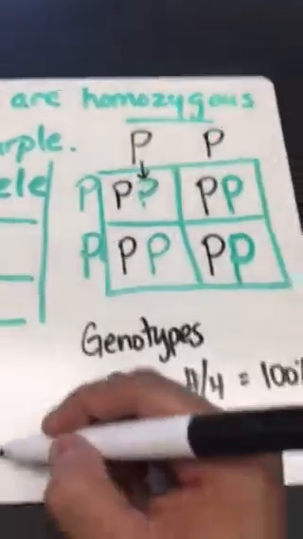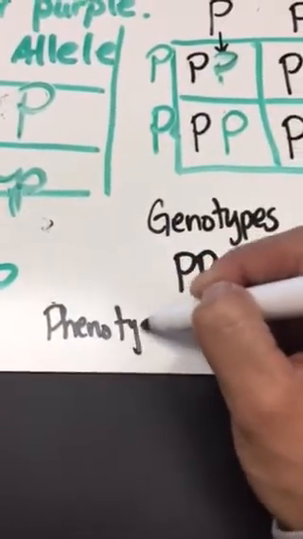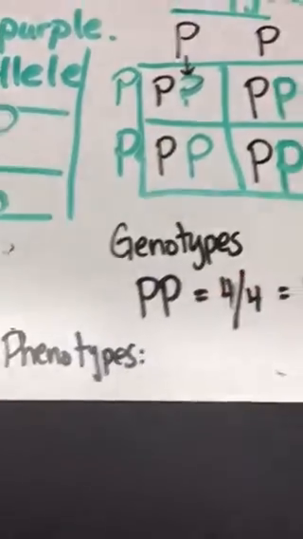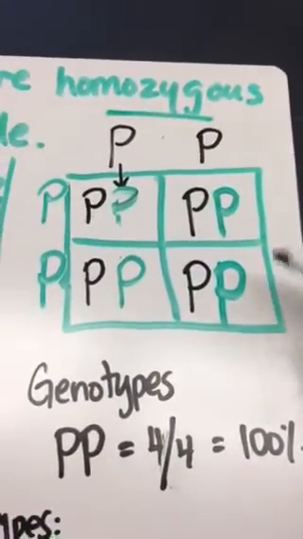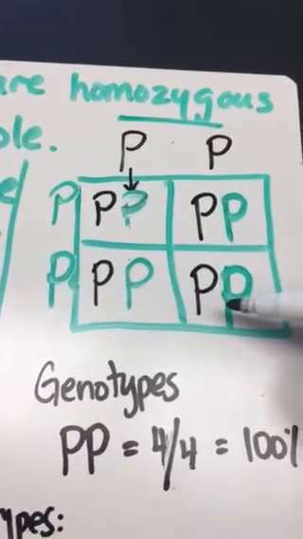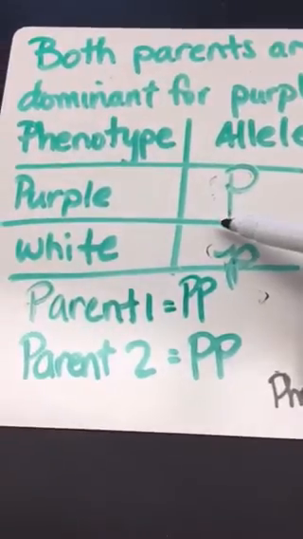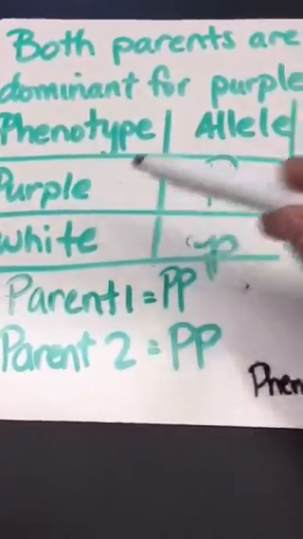Let's take a look at the phenotypes. What are the possible phenotypes that are represented in the offspring? Well, each box is represented with homozygous dominant, or 2 capital P's. And I know that if it has a capital P, it is represented with the phenotype of purple.